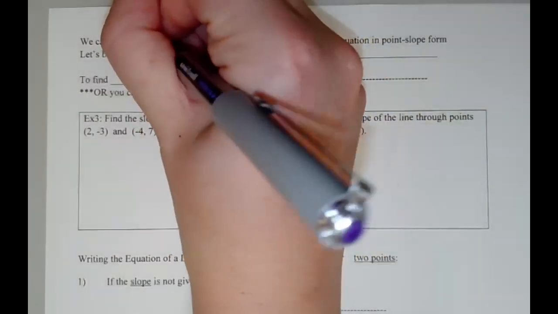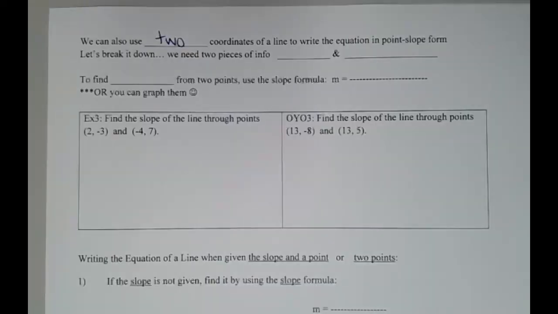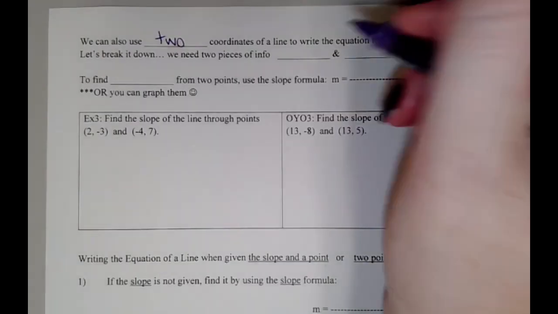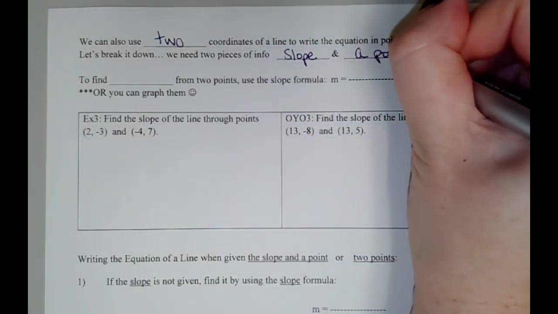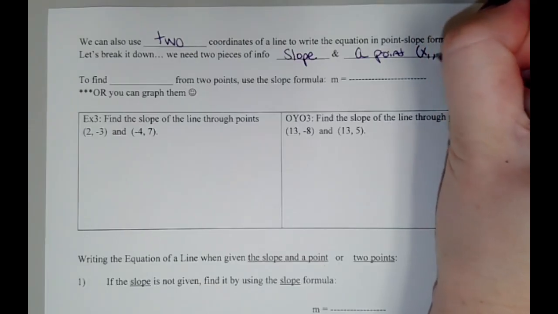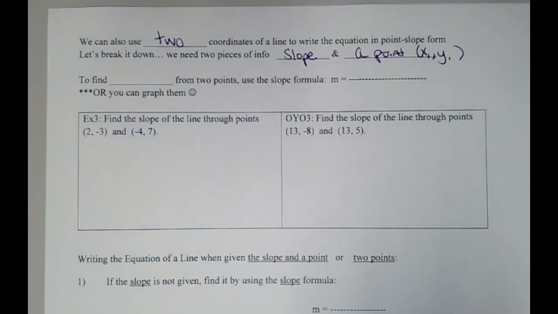We can also use 2 coordinates of a line to write the equation in point-slope form. Let's break it down. We need 2 pieces of information. It's called point-slope form because you need a point and a slope. So slope and a point, which is x1 comma y1 for us.